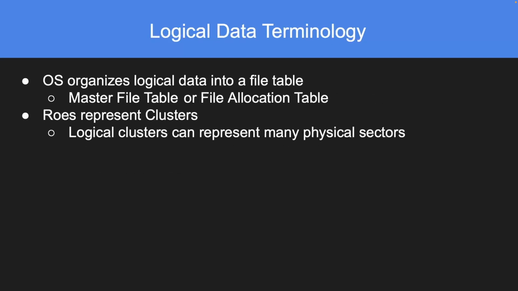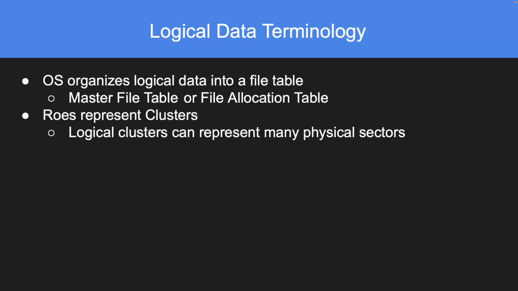And when it comes to logical data, the OS organizes logical data into a file table, which is either a master file table or a file allocation table. These are just different ways of seeing it. Rows in this table represent the clusters that we just defined in the previous slides. And logical clusters can also represent many physical sectors.